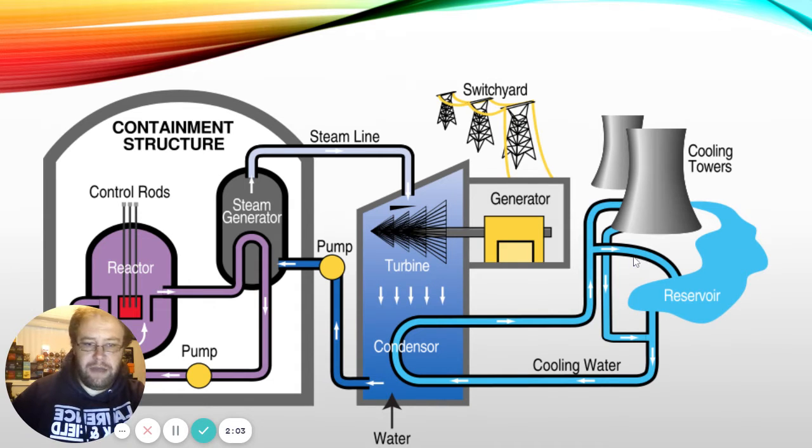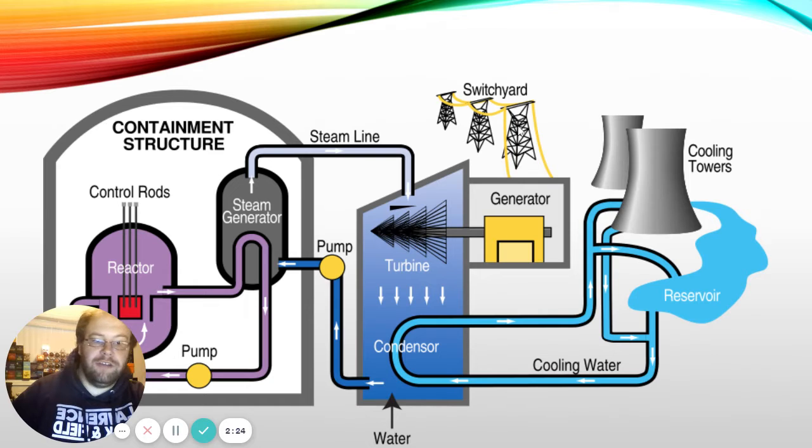Here's a picture of how that works. So here we have the reactor with the reaction going on. The control rods are in there stopping it from being too much. It heats up some water, generates some steam. Steam goes through here, spins the turbine. The water condenses back in, goes back into the system, and it goes over and over again.